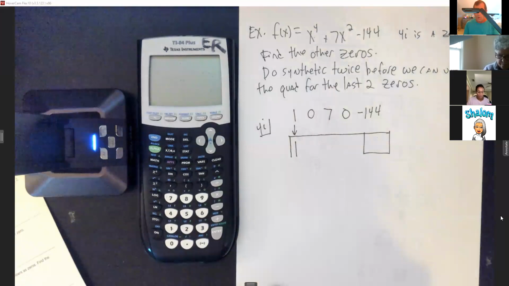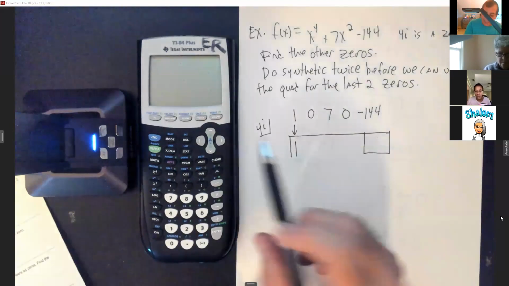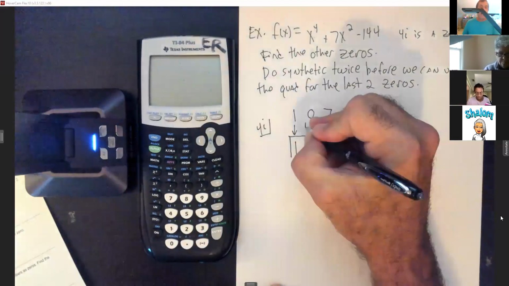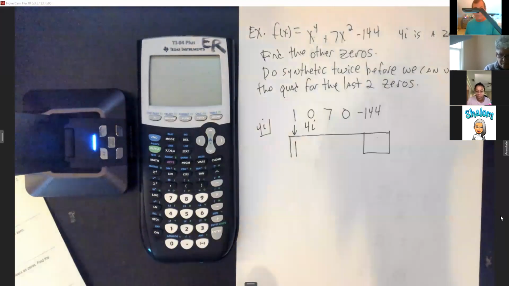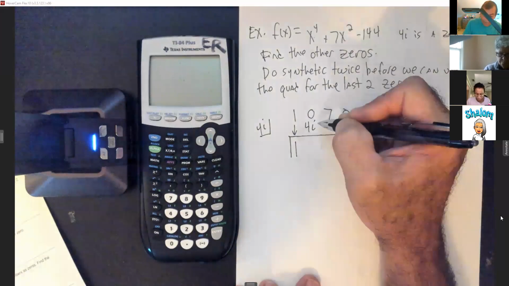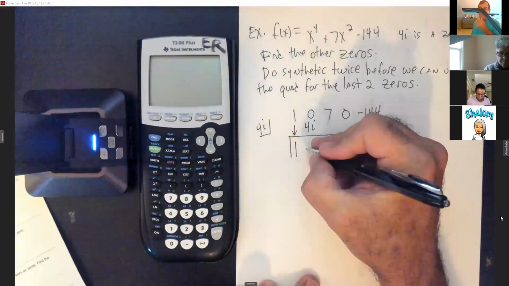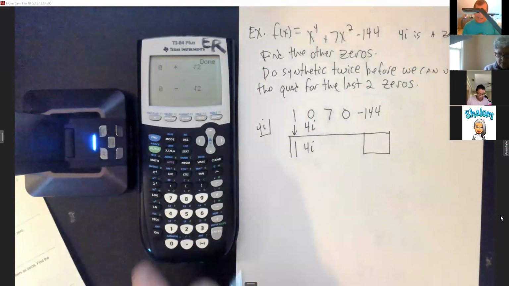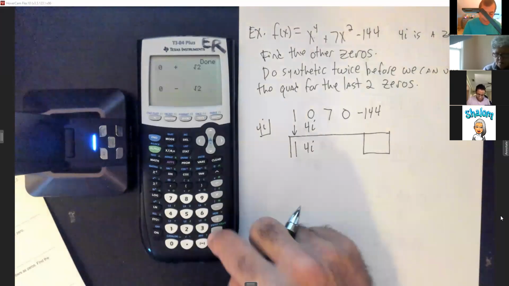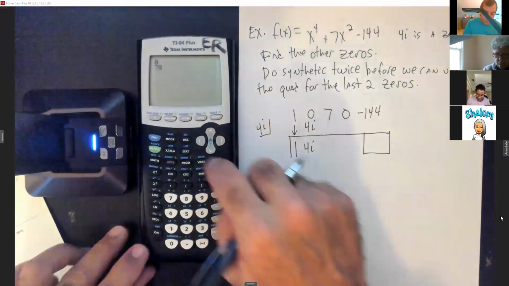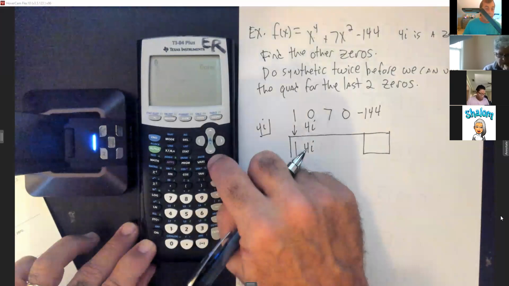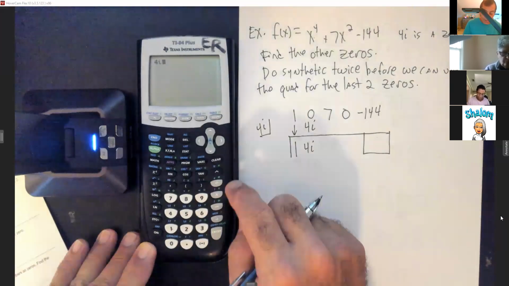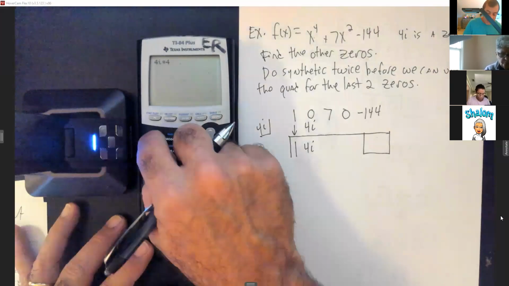1 times 4i is 4i. 0 plus 4i is 4i. So I'm wondering what's going to happen on your calculators when you multiply 4i times 4i.